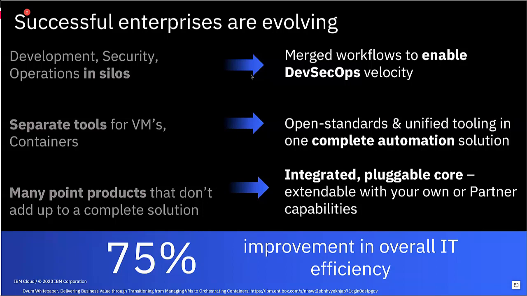What does that mean? That means they're using public clouds, more than one generally. They're using private clouds, and they have their traditional IT. And the traditional ways of doing business in silos is no longer a viable method for managing this diverse set of regions and capabilities they're bringing to market.